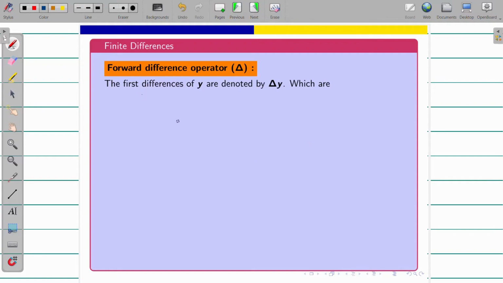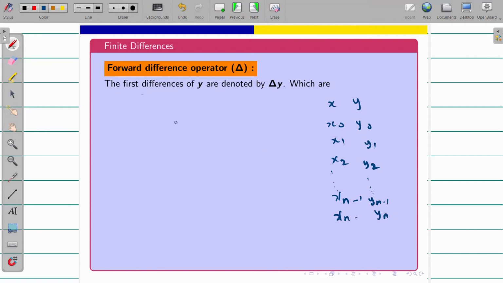I have data X, Y: X0, X1, X2, etc., Xn minus 1 and Xn. Similarly, the corresponding values are Y0, Y1, Y2, etc., Yn minus 1, Yn.